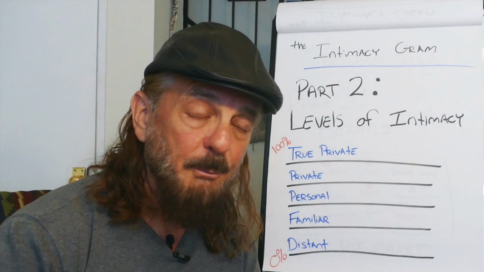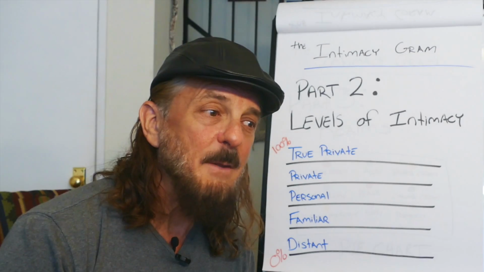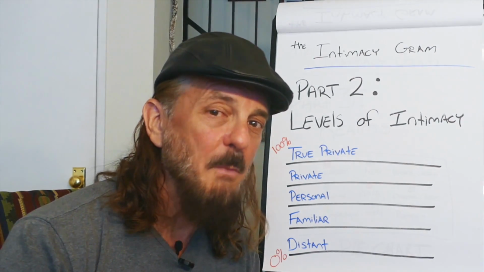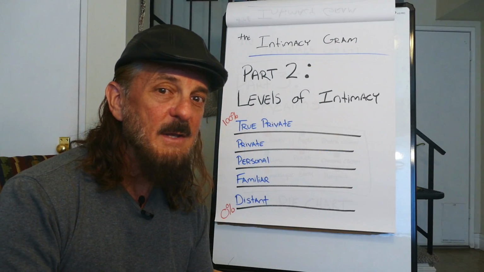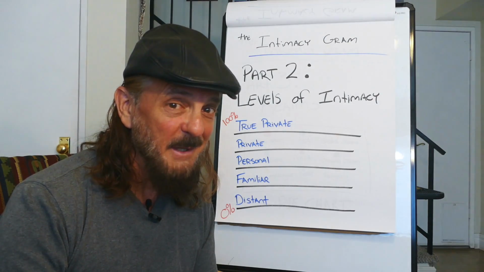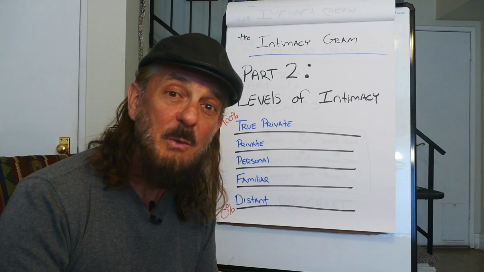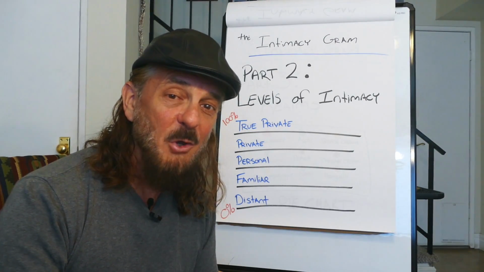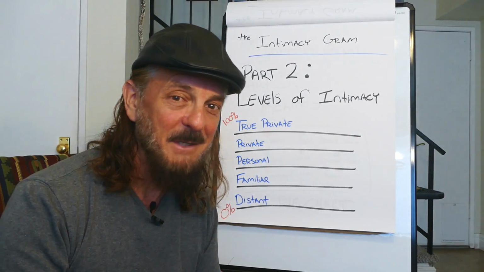Our most perfect relationships, the relationships where somebody could finish your sentence, read your mind, is where we put true private. This is where some people would put their soulmate, if you're lucky enough to have a soulmate. I, however, believe that soulmates is a concept that Hollywood made, and we keep trying to find that perfect soulmate to be disappointed time and time again.